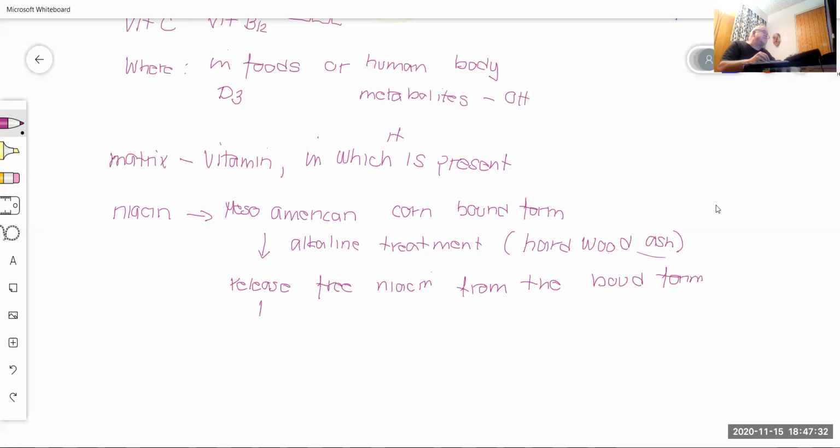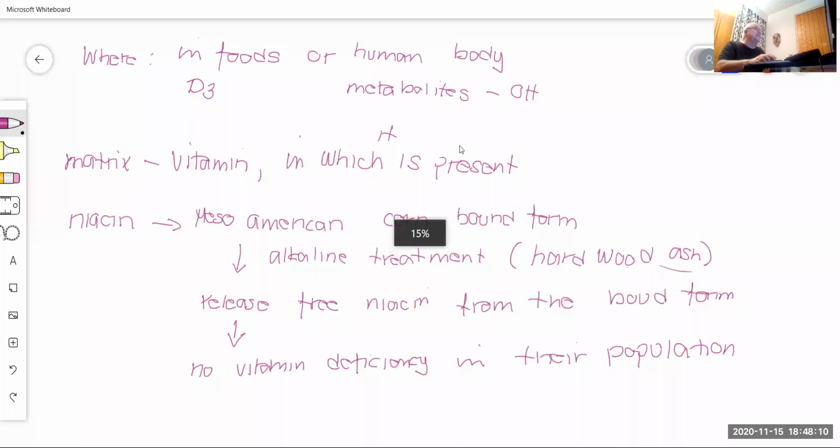And what was the result? Vitamin deficiency was never found in the population. So this is now like an introduction to your vitamin work.